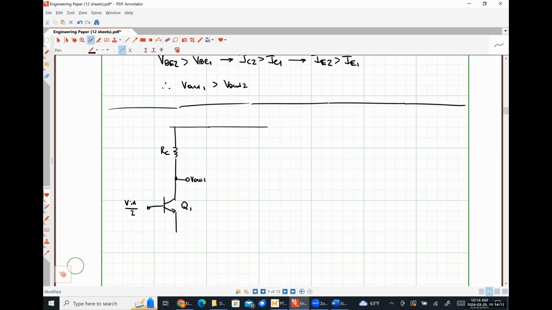Here's transistor Q1. On this side, I'm going to have negative VID over 2. Common mode portions just cancel each other out. In this case, the common mode portion would effectively be 0 for what it's worth.